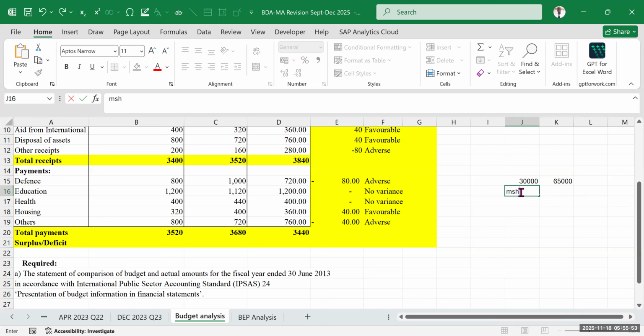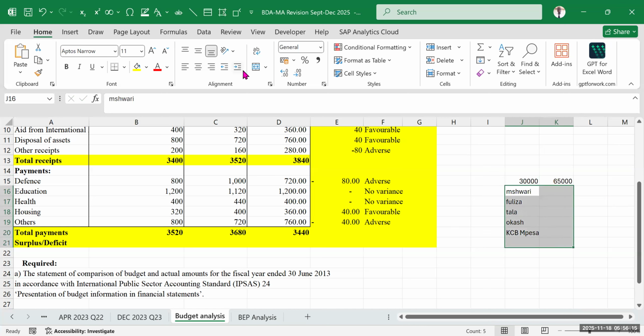Most of it comes from M-Shwari. Most of it comes from Fuliza. Another one came from Tala. You also had to secure others from Okash. At some point, you got stuck and went to KCB M-Pesa. So you've actually spent what you don't have.